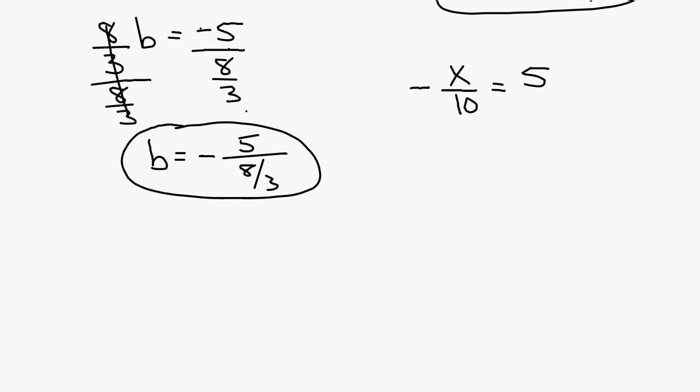Multiplying by negative 10. Good. So in this case, if you multiply both sides by negative 10, yeah, exactly, it cancels out. You can cross-cancel these two negative 10s. They just go away. Not kidding. The x comes straight down. And 5 times negative 10 is equal to negative 50.